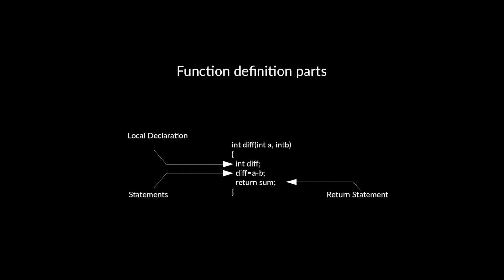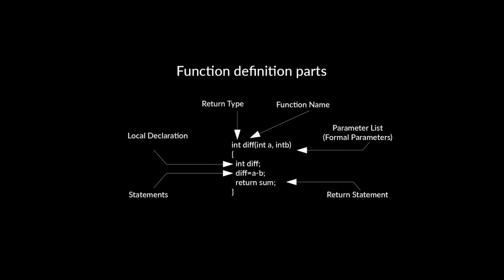And as you can see, inside the int diff parentheses, this is the parameter list, and these are also known as the formal parameters, which are a and b. Now the diff which has been written here is actually the name of the function, that's why it is the function name, and the int here is actually the type returned by this function.